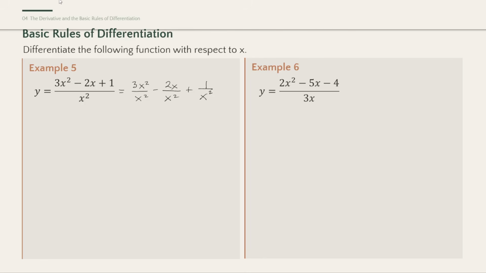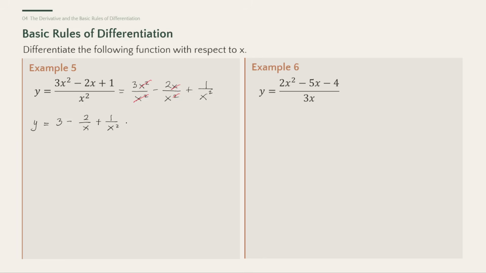Then we can cancel out the cancelable terms. So this time we have x squared, and then x squared. Now the function becomes, the first term becomes 3 only. Second term becomes 2 over x. Then the third one is 1 over x squared.